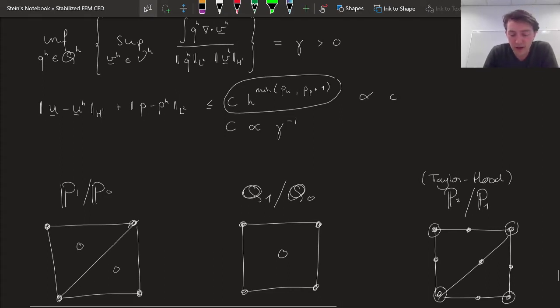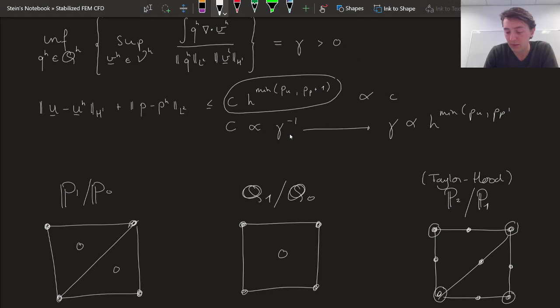Now I have an h right here, so how is it possible that this would not depend on h? Well, clearly that means that the gamma value has to also be proportional to h, but now because we're dividing by gamma, this would mean that gamma would also be proportional to h^(p_u - p_p + 1). Right?